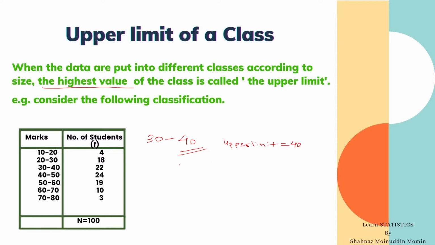Similarly, for the class 50 to 60, highest value is 60 and hence upper limit is equal to 60. Upper limit of a class is denoted by a letter capital U.